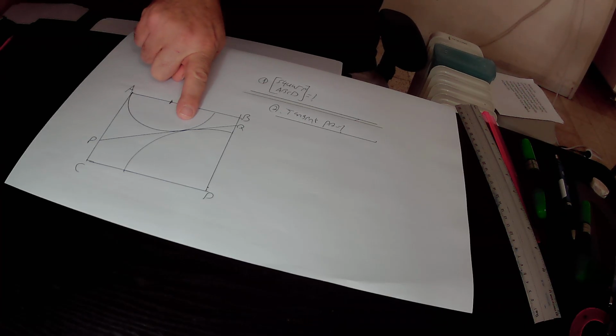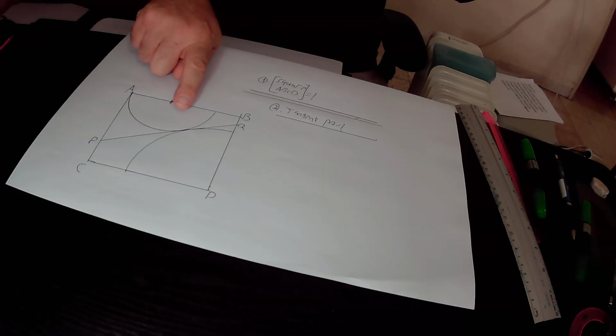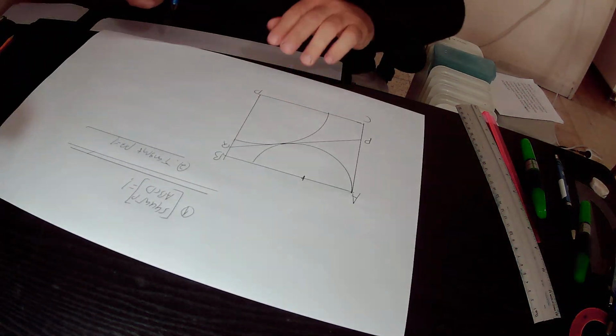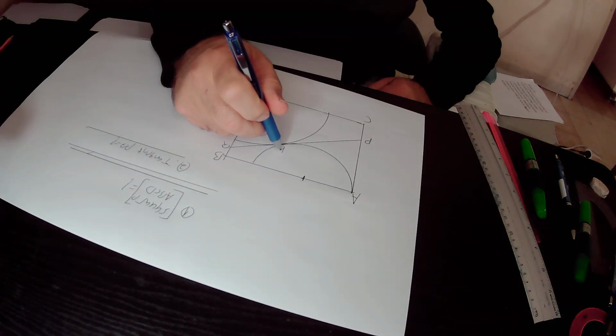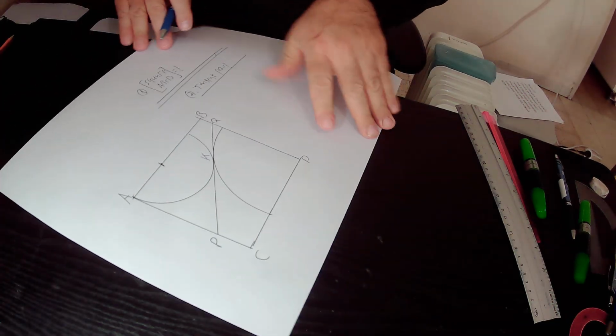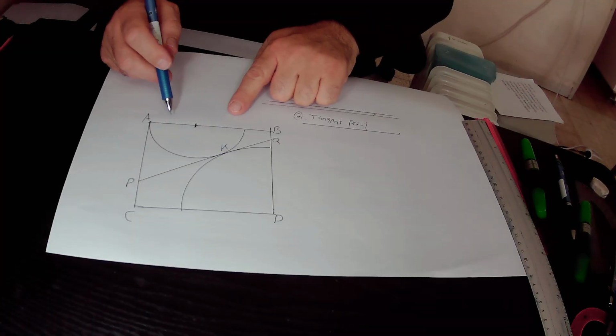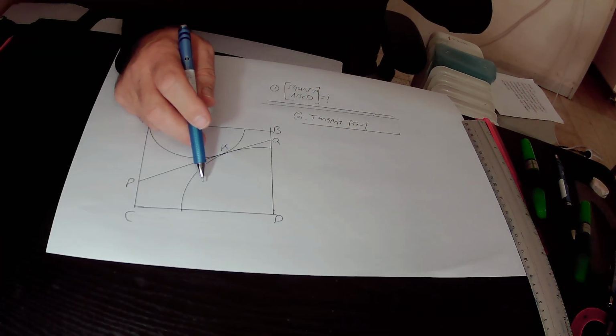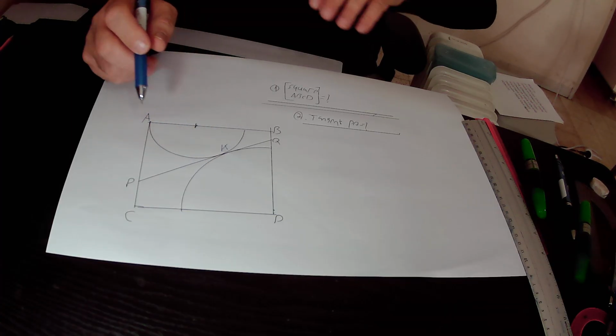We define this point as point K, that is their touching point, or the point of tangency of them. We also know that the radius of this semicircle equals 17 units, and the radius of this quarter circle is equal to 36 units in its length.